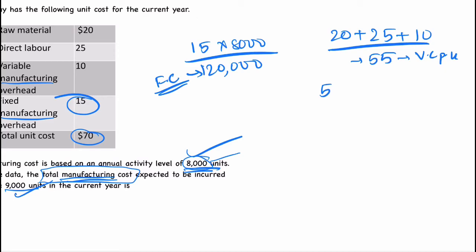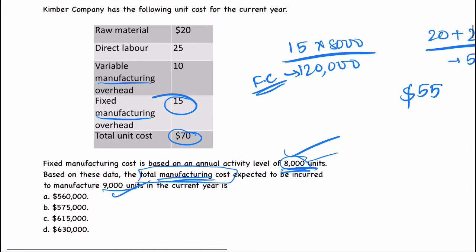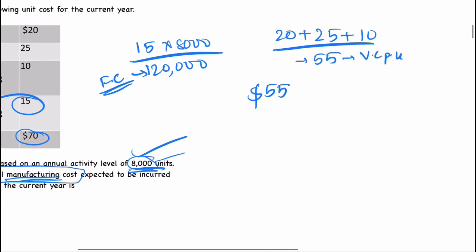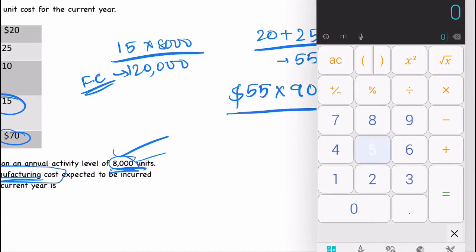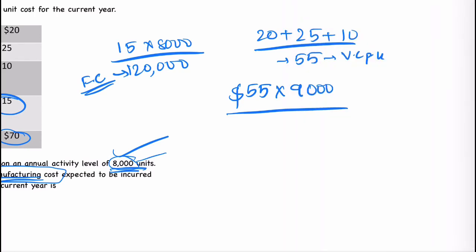This $55 is for how much activity level? For 9,000, right? So $55 into 9,000 units comes to 495,000. This is our variable cost.